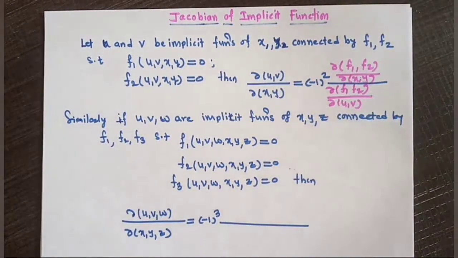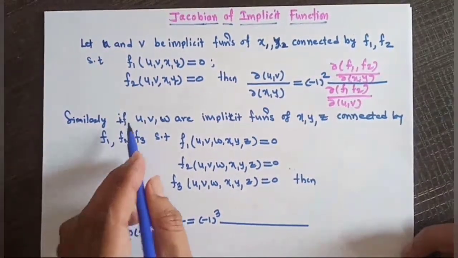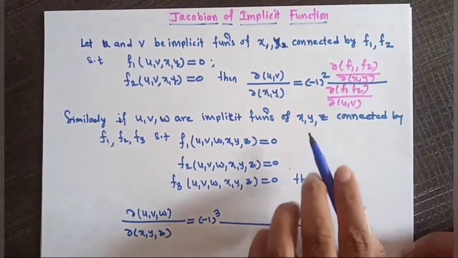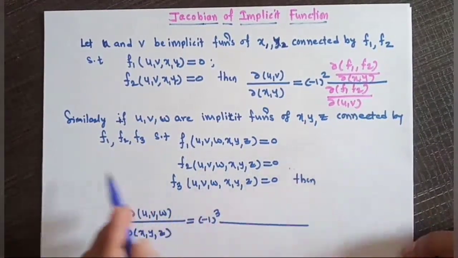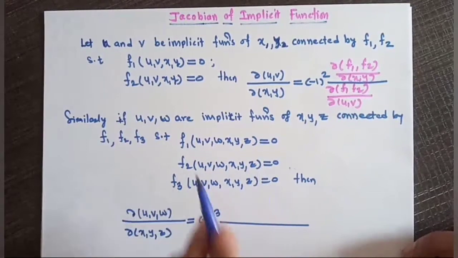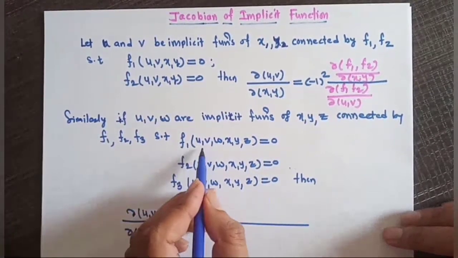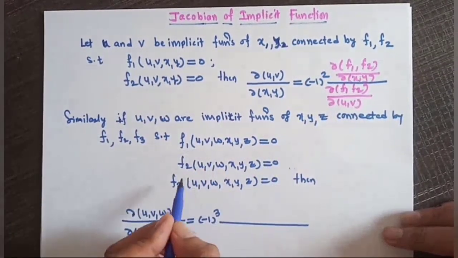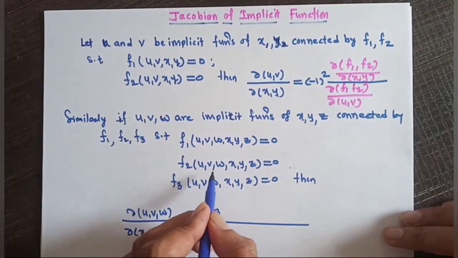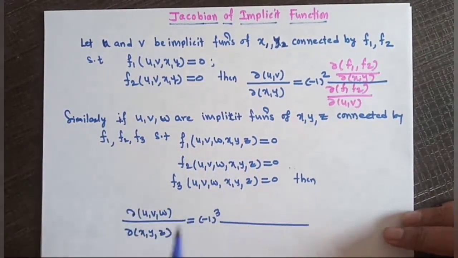Similarly for three variables, if u, v, w are implicit functions of three variables x, y and z connected by f1, f2 and f3, that is f1 is a function of u, v, w, x, y, z equal to 0, f2 is also a function of u, v, w, x, y, z equal to 0, and f3 is a function of u, v, w, x, y, z equal to 0.